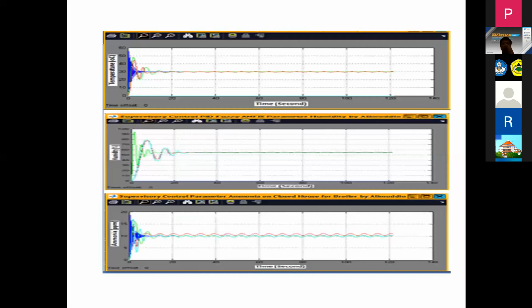In this simulation, the conditions for growing broilers are different in the first week, the second week, the third week, and the fourth week. For example, in the first week we need stable temperature control at 30, with the system at the set point.